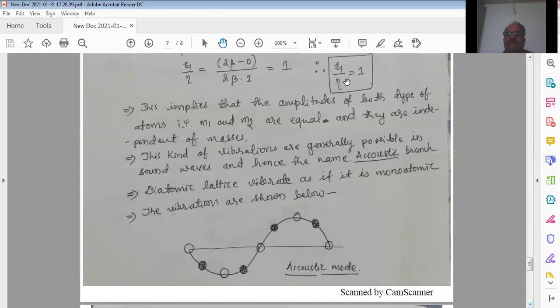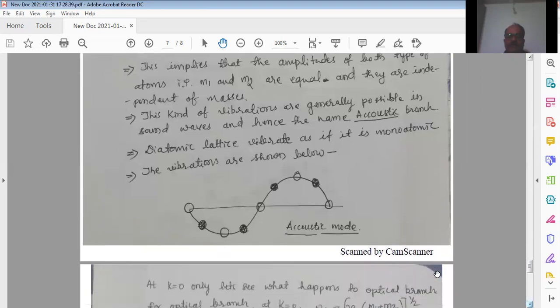When the amplitude ratio becomes unity, this case turns to the case of a monoatomic lattice, and the forbidden gap between the acoustic branch and optical branch disappears. So the diatomic lattice vibrates as if it is a monoatomic lattice. The vibrations are as shown in the figure. This is the acoustic mode of vibrations of the diatomic lattice.